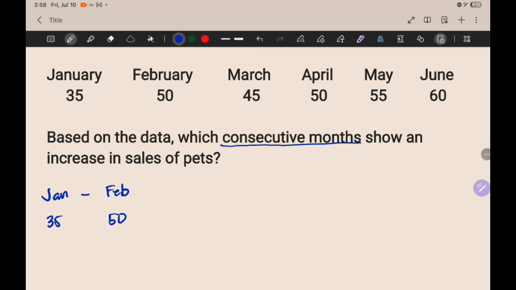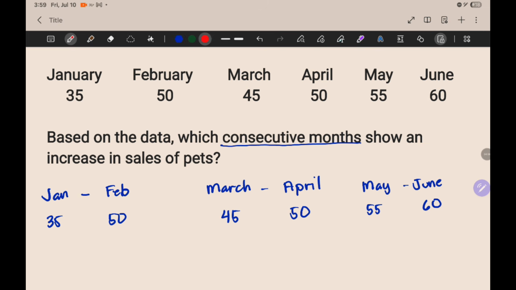Meron din tayong March to April, tumaas din yung ating benta, from 45 naging 50. Then, kung titignan mo yung benta ng May to June, tumaas din siya. That's 55 to 60.